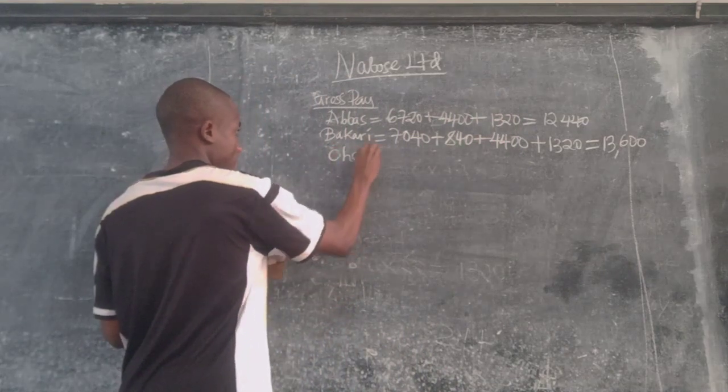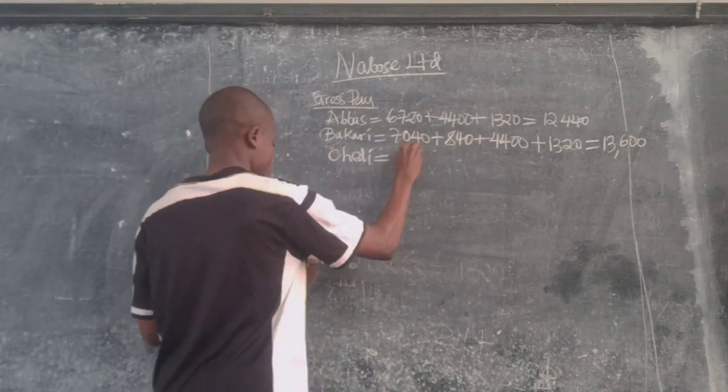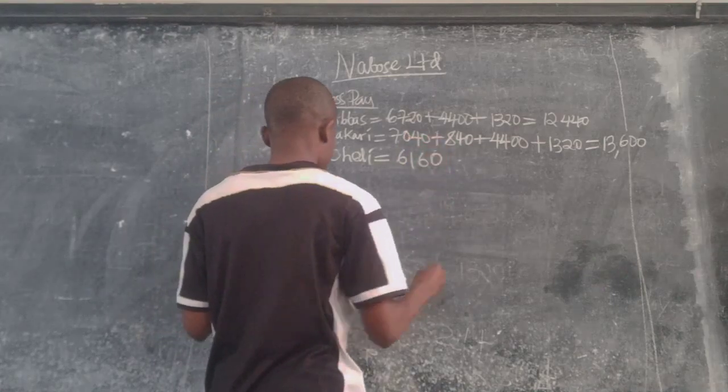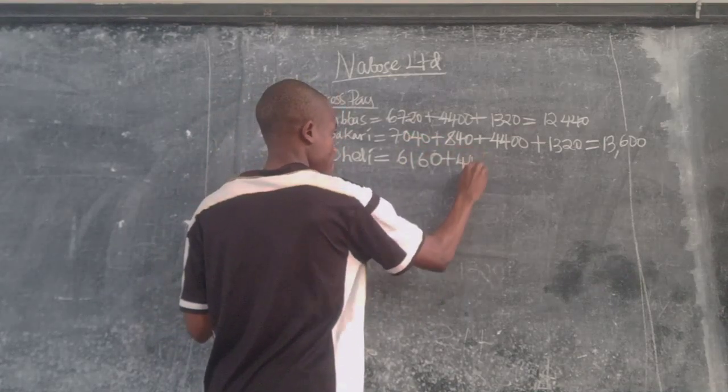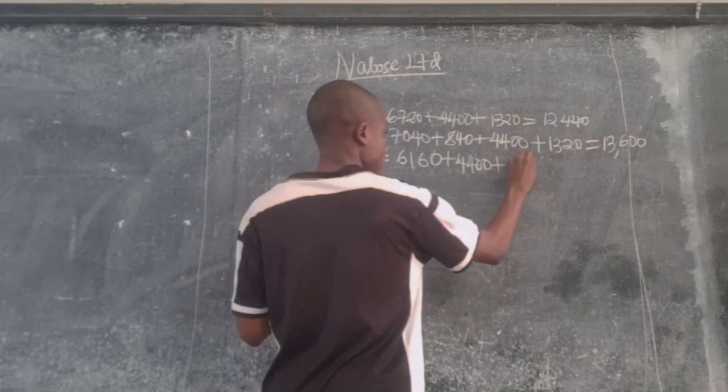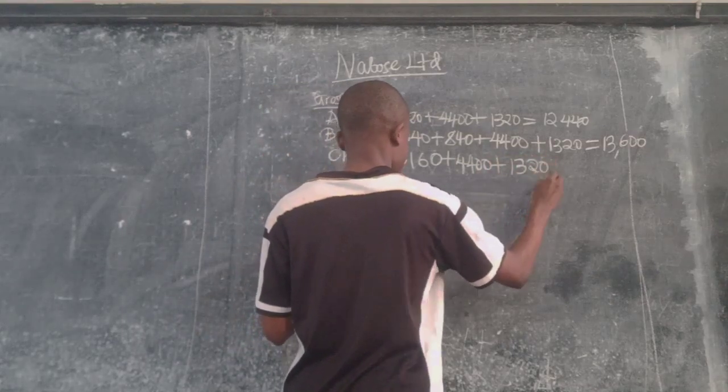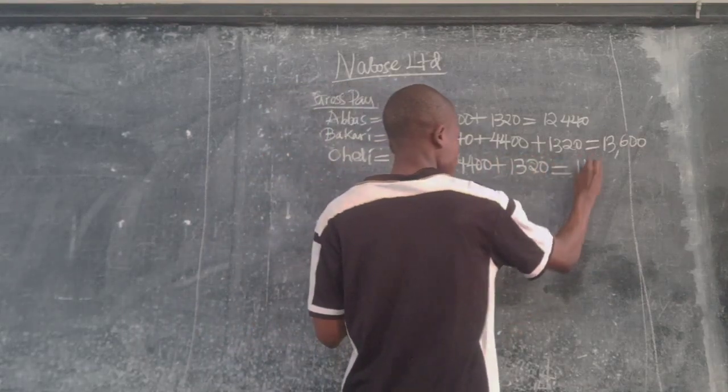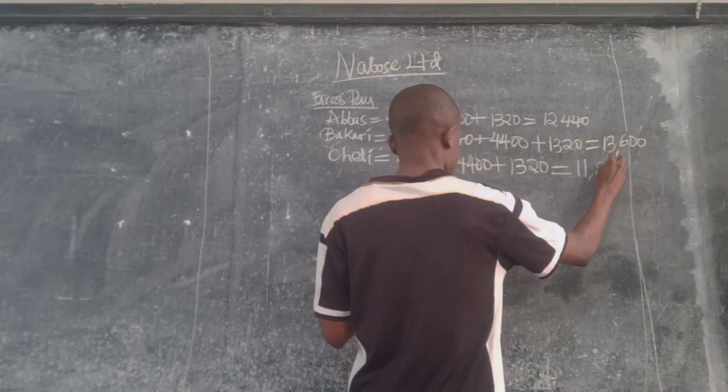For Chedi, it will be 6,160, which was the basic pay, plus all his allowances, which was 4,400 plus 1,320, you'll get 11,880.